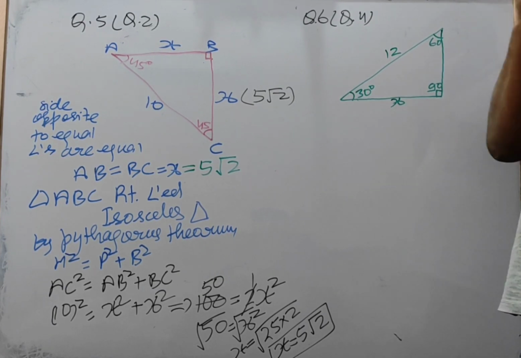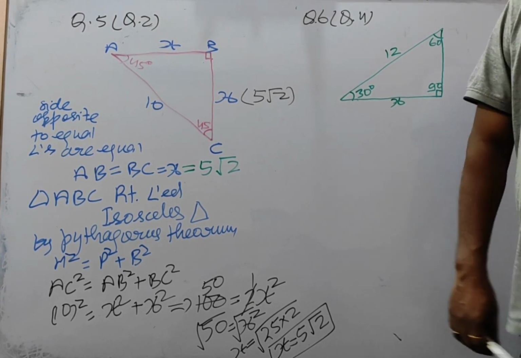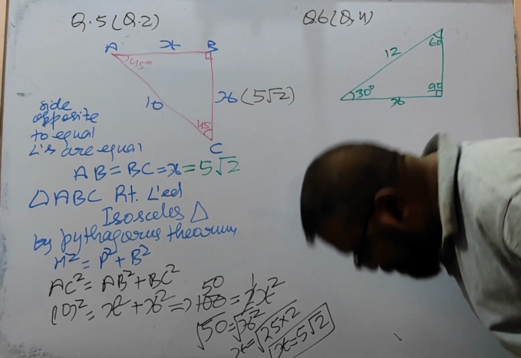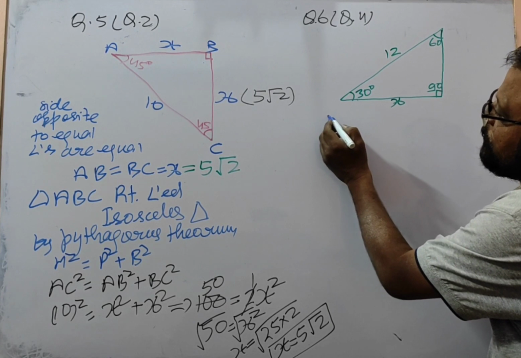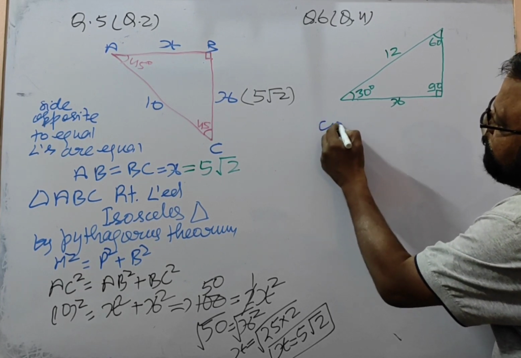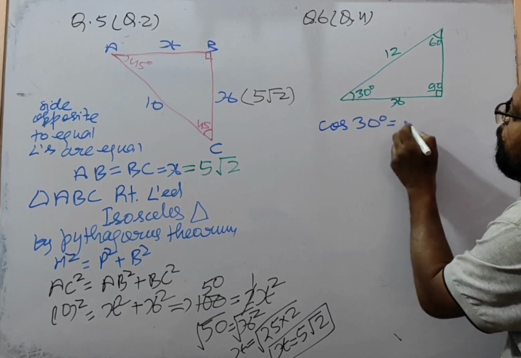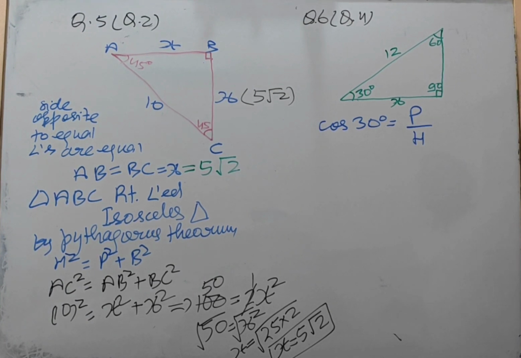So what we can do, I can do directly that cos 30 degree is equal to perpendicular upon hypotenuse.